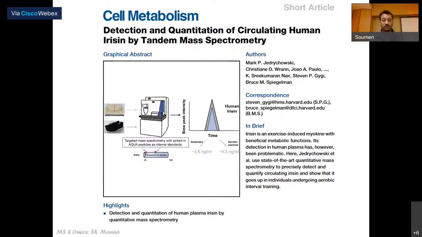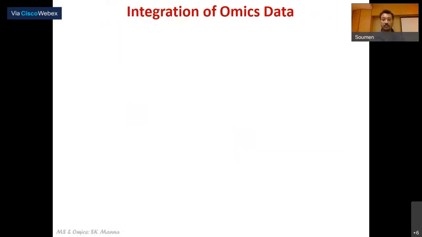These are proteins that are released by muscle when we do exercise. The presence of this protein was really disputed. The gene was known, FNDC5, but there was a lot of dispute regarding whether this protein was there or whether this is really something physiologically relevant. Only using mass spectrometry, we could really, in 2015, identify and quantitate this in human samples.